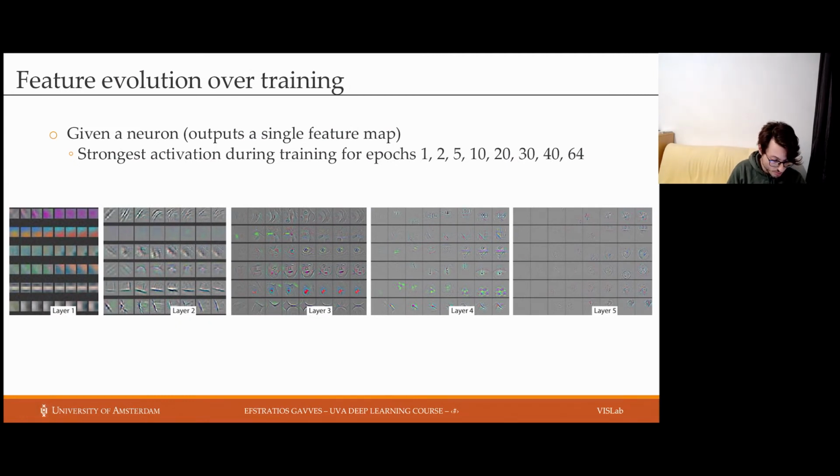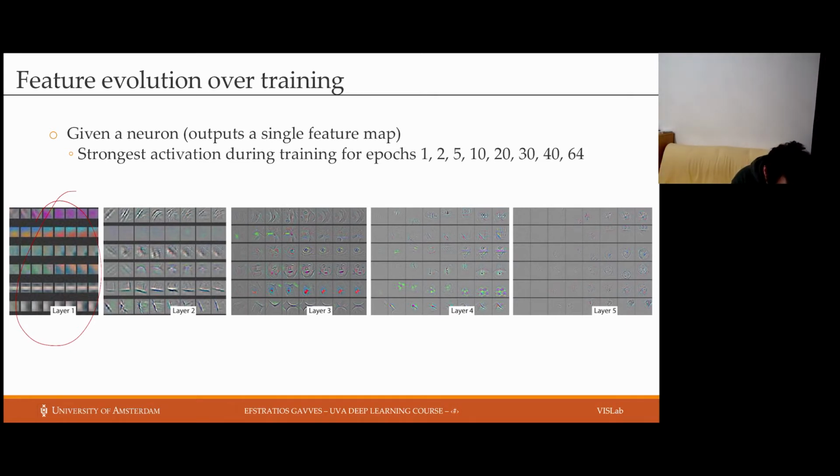Over training, we can also visualize the features. We observe that in the beginning, the layers, layer 1, 2, 3, 4, 5, are a bit more blurry, not as clear as we go deeper. So whereas in layer 1 we've got a quite concrete idea of what the filter is going to be about, in subsequent layers it's still a bit unclear.